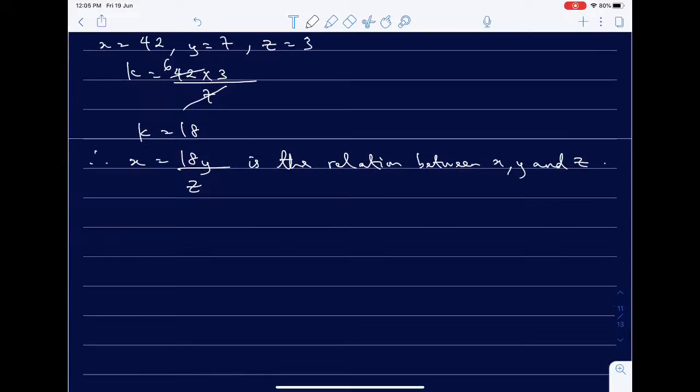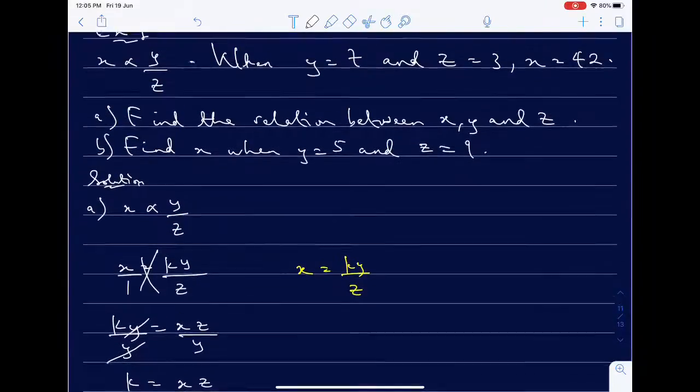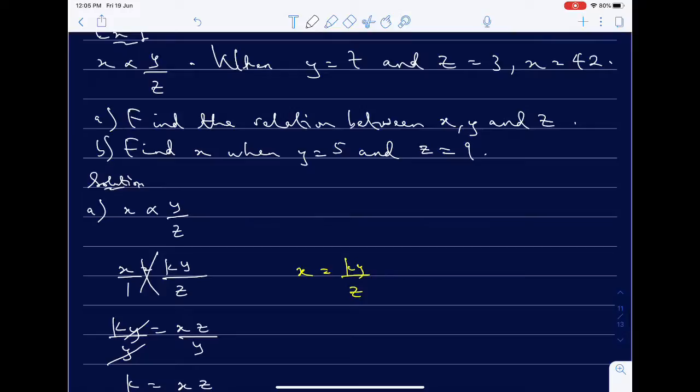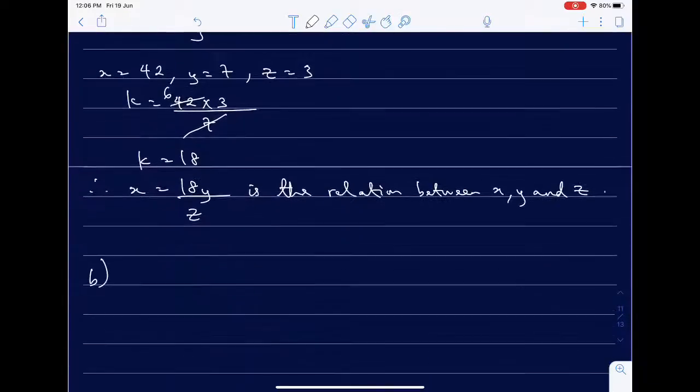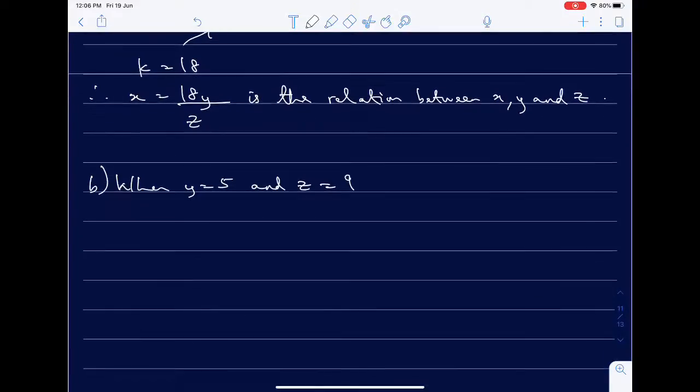Now let's go to B. What's question B? That says find x when y equals 5 and z equals 9.